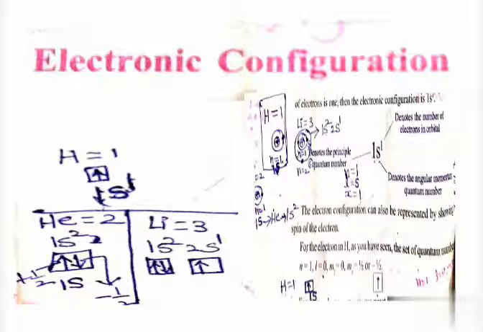For example, for lithium we discussed how to arrange the electrons in the orbitals. And what about boron, carbon, nitrogen, oxygen, where so many electrons are there?